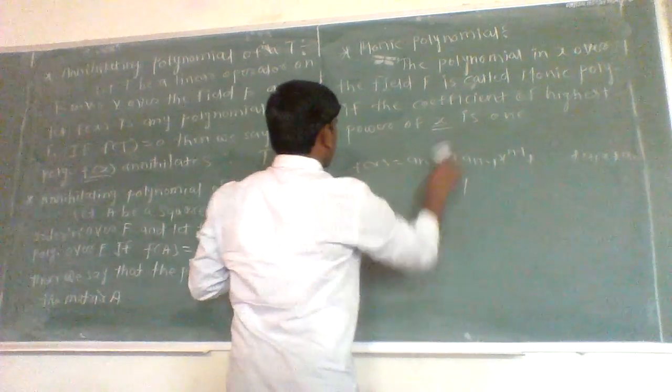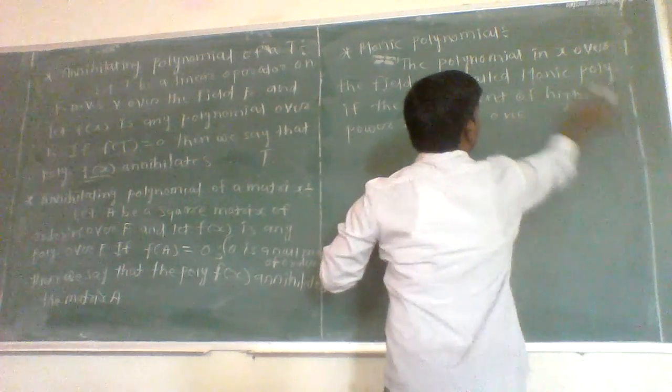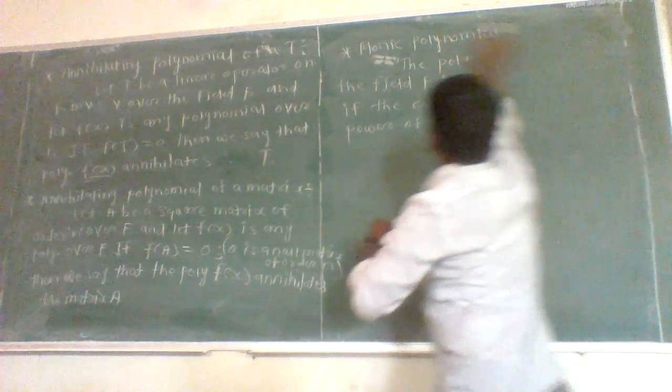Now let us see what a minimal polynomial is. Again, we have to see what the minimal polynomial of a linear operator is and what the minimal polynomial of a matrix A is.